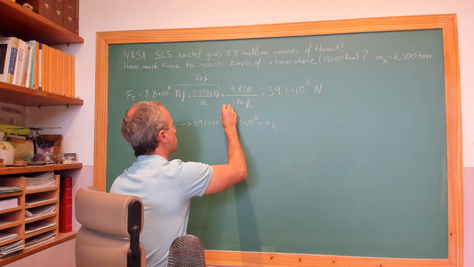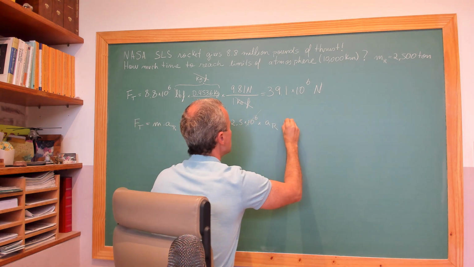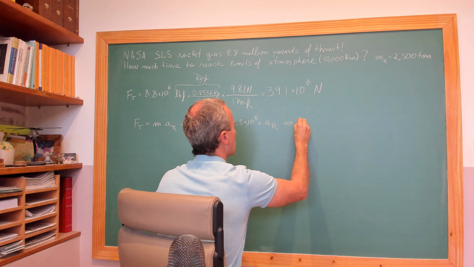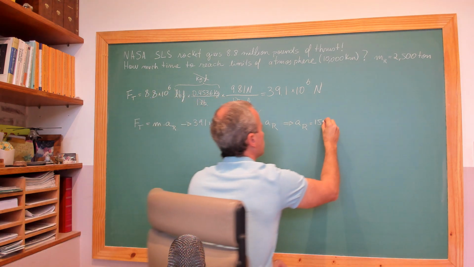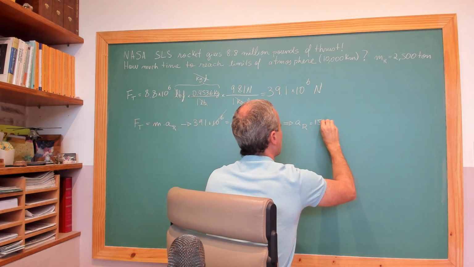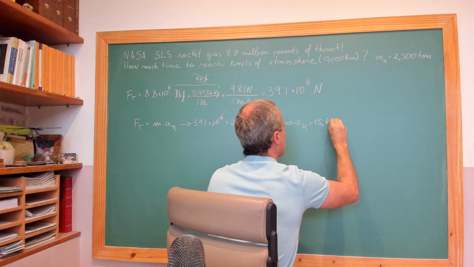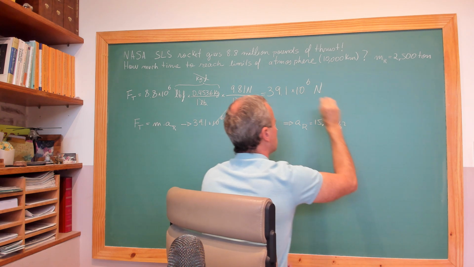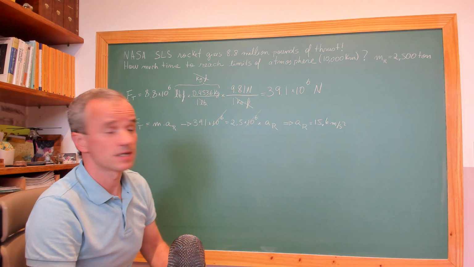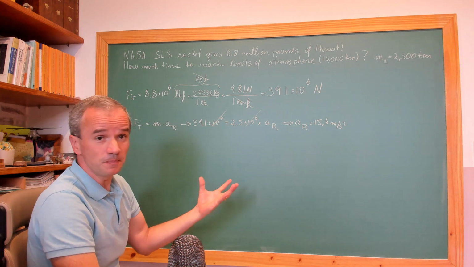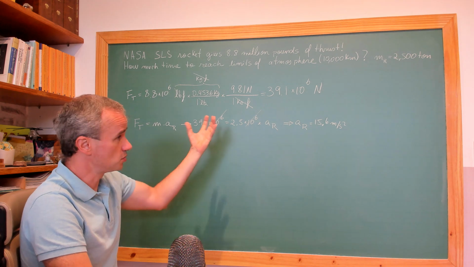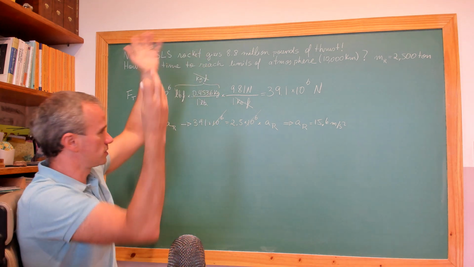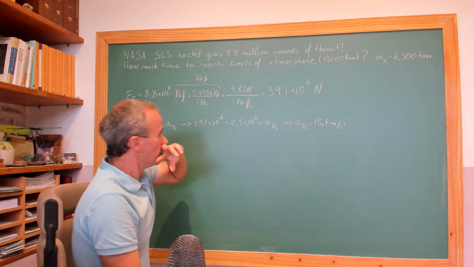This cancels out, and then you're going to realize that our rocket acceleration is 15.6 meters per second squared. This is the acceleration that the thrust gives to the rocket.